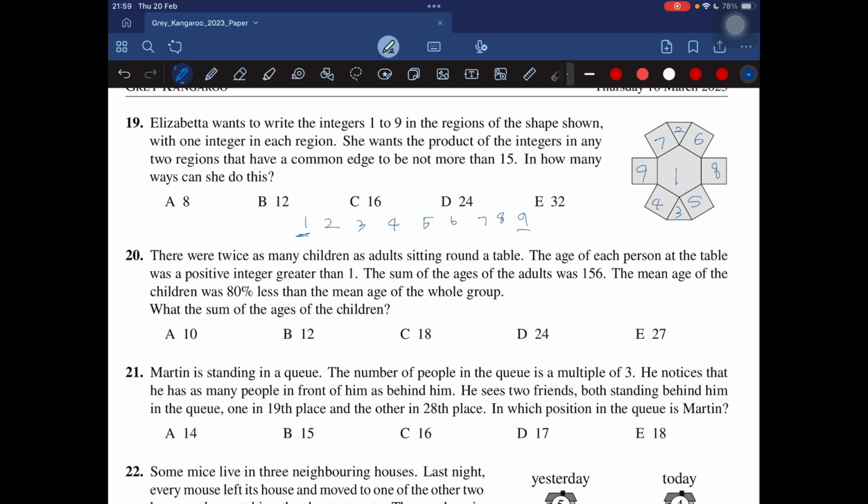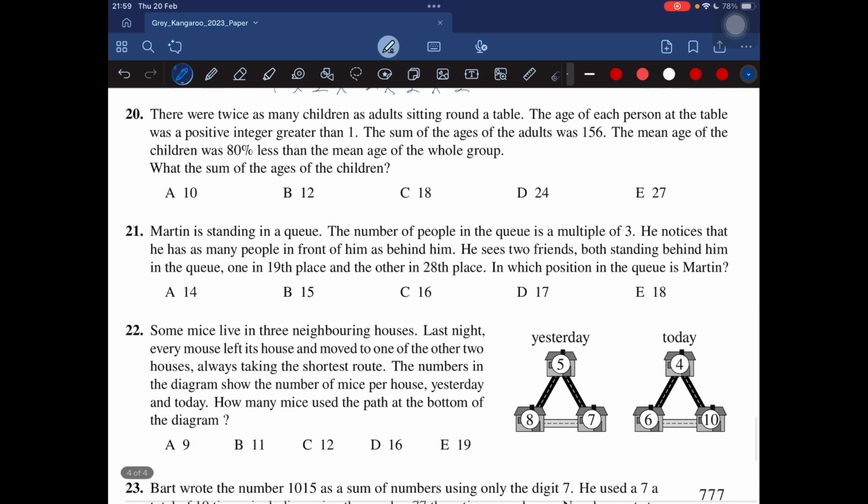So 1 should be in the center. 9 and 8 can change their position. 2 and 3 can change their position. But 7 and 6 should be next to 2. So it depends on the position of the 2. So wherever 2 is, 9 and 7 can change only their position, each other. So 2 and 4 and 5 also same. So this is all together 16 times.